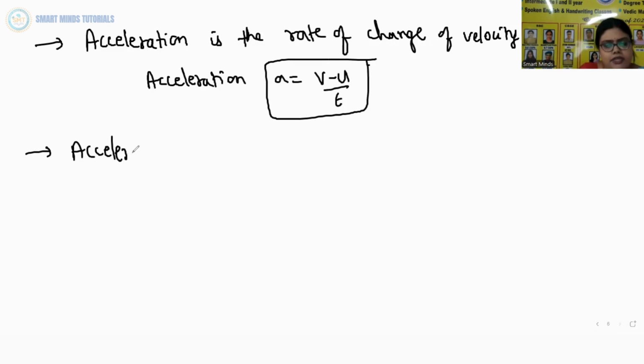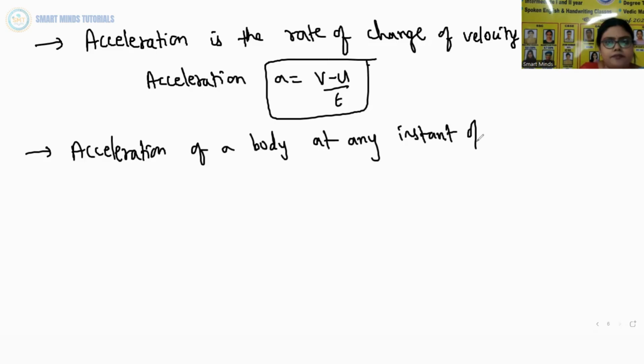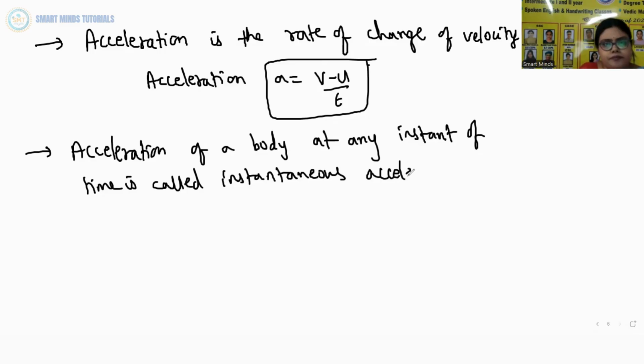And acceleration of a body at any instant of time is called as instantaneous acceleration. Same like instantaneous speed and instantaneous velocity. It is calculated at any particular instant of time.